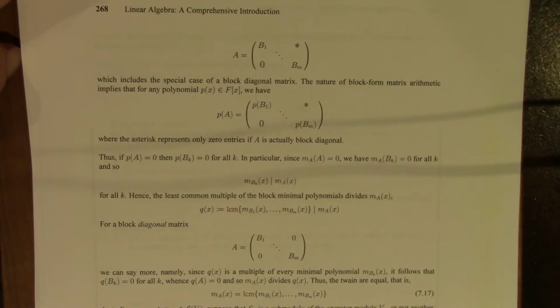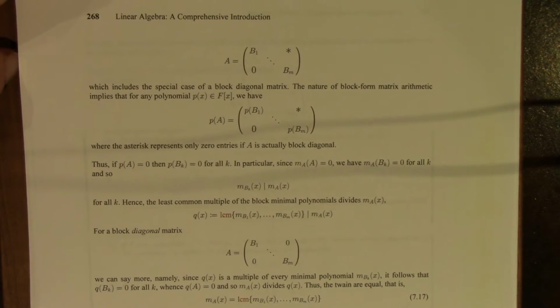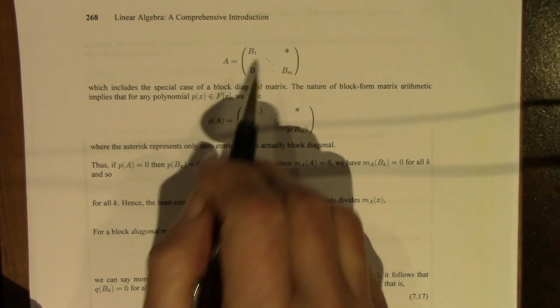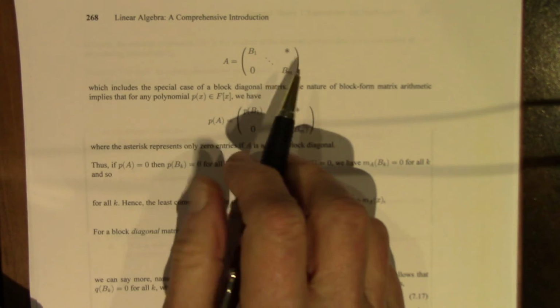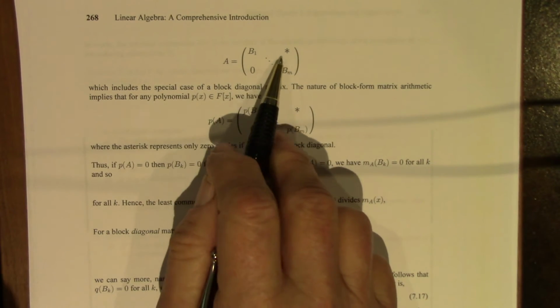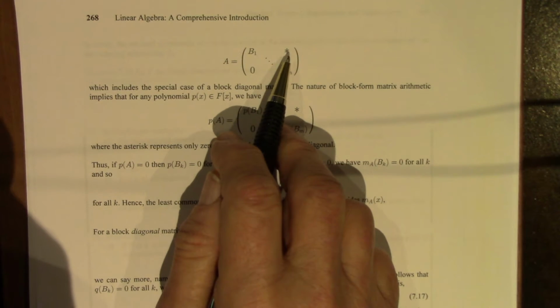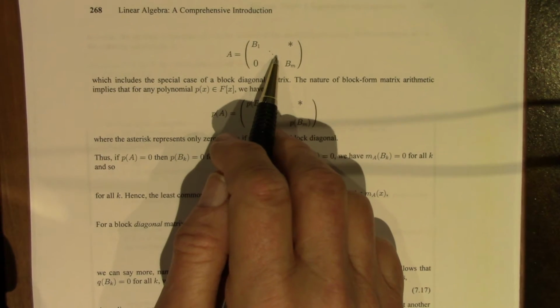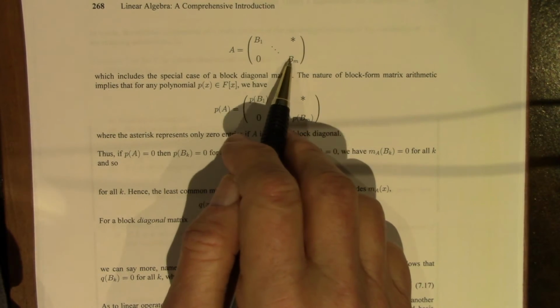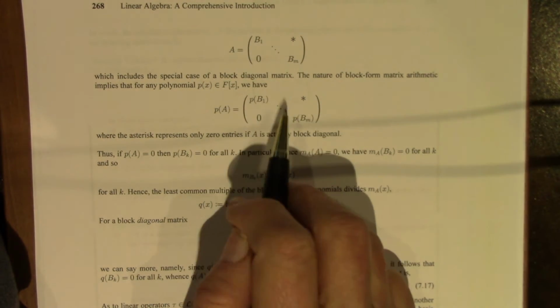And we do it in matrix language because it's simpler and it tells us everything about the operator language as well. Here is a block upper triangular matrix. If the asterisk represents only 0 entries, then this is also block diagonal, so it covers both cases.